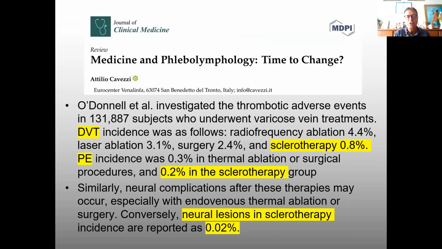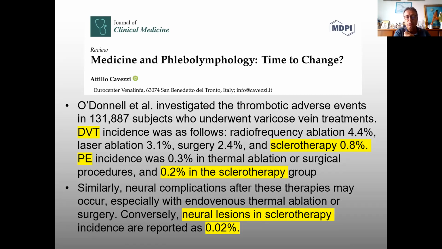For example, concerning sclerotherapy, what was highlighted in that article, thanks to the O'Donnell study, was that the DVT rate and the PE, the pulmonary embolism rate in sclerotherapy, was respectively 0.8% and 0.2%, which was clearly lower than other varicose vein treatment situations, as you can see here.